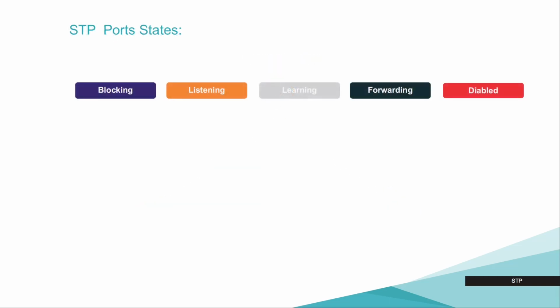So when our switch starts to work, the spanning tree will start to do the election in order to choose the root bridge, the root ports, the designated ports, and the blocked ports. So the interfaces in spanning tree go into specific states, and each state has its own features. So the states for the interface are blocking, listening, learning, forwarding, and disabled.